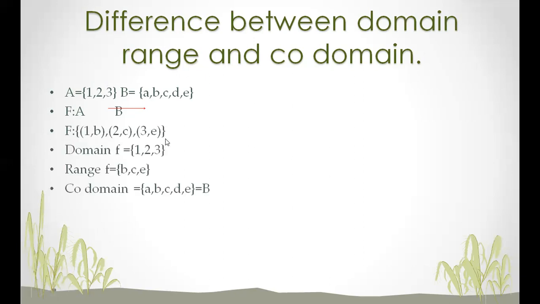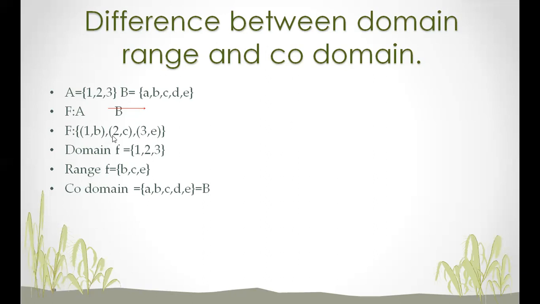Here, what is the domain? Domain is the set of all the first elements of the function, because this is our function and we have 1, 2, 3. These are the first elements of the function pairs. So {1, 2, 3} is our domain, and we write it as the domain of F. And what is range?